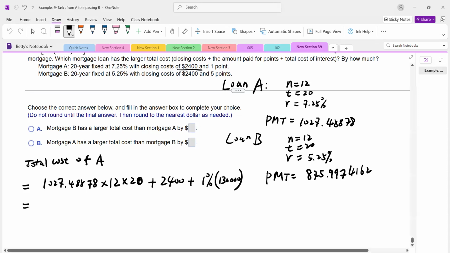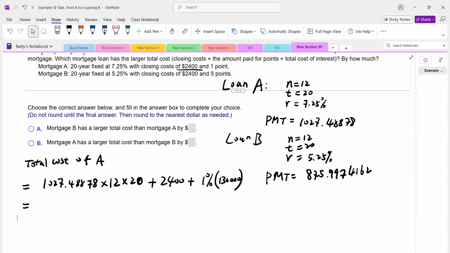Let me simplify very quickly. I'm going to use the scientific calculator.